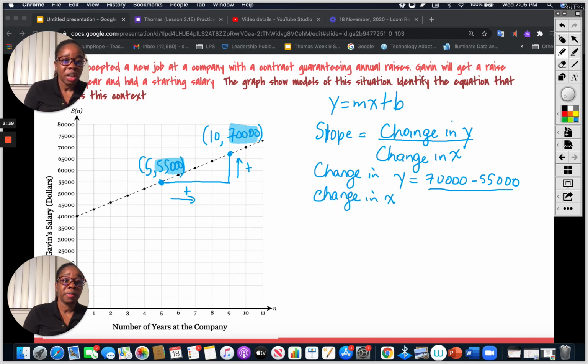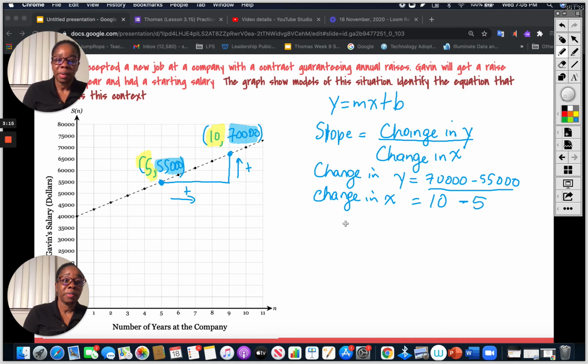So our change in x, that was 10 and 5. We always start with the same point we started with, so the 10 goes first, minus 5.